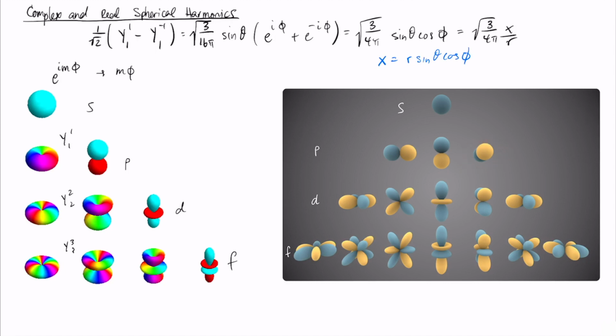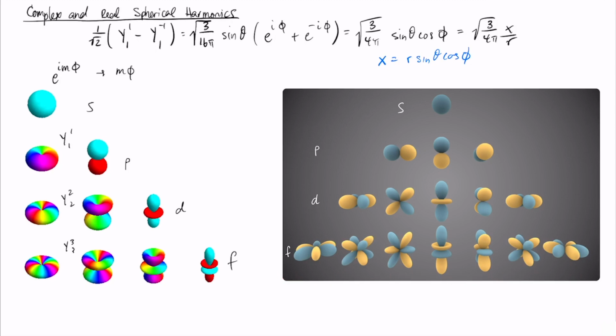These are still different because this is only the angular part, and the actual px, py, pz orbitals also have a radial part, but this is suggestive enough that you can start to see how you can take these flattened disks for the Y22, and from these you end up with two distinct functions. These would be like the dx squared minus y squared and dxy. The same thing works even beyond, for these f orbitals, although normally we don't spend a lot of time looking at them because they are a lot harder to draw by hand.